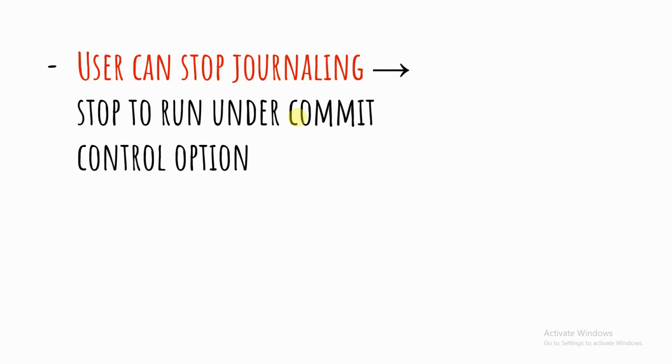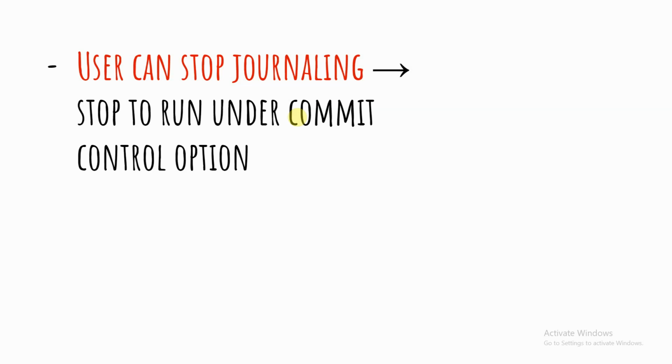The user can stop the journaling as well, which can be done using the ENDJRNPF command. But there is a concept of commitment control. We know that we can run our programs under commitment control options.